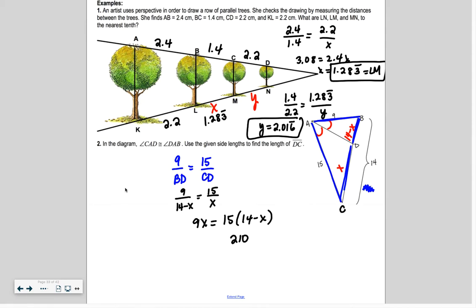So I get 210 minus 15x equals 9x. I add the 15 over. So I have 24x equals 210. So we end up getting x is equal to 8.75. Okay, so that was the length of DC. If I asked you for the length of DB, then you would just do 14 minus that answer, right? Easy enough?